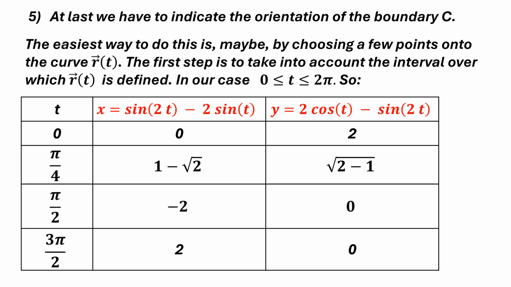At last we have to indicate the orientation of the boundary C. The easiest way to do this is, maybe, by choosing a few points on the curve R of t. The first step is to take into account the interval over which R of t is defined. In our case 0 is less than or equal to t, less than or equal to 2 pi. So we fill in a table of points on curve R, giving t some values.